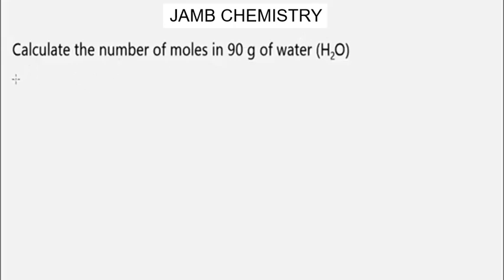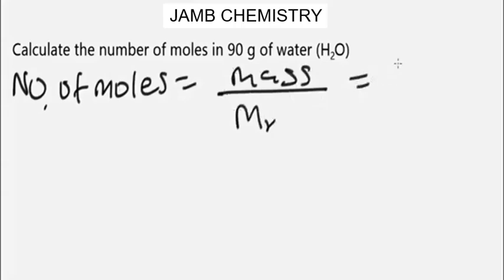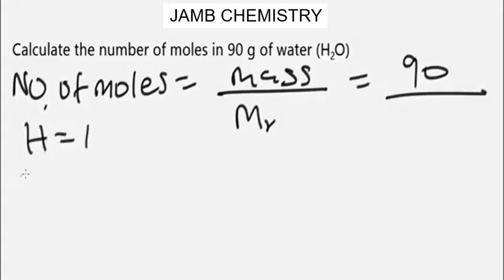So the formula is number of moles equals mass of the substance over relative formula mass of the substance, or molar mass. The mass is 90 over the relative formula mass of water. Let's say we are given the relative atomic mass of hydrogen to be 1 and that of oxygen to be 16. We add all the relative atomic masses of the atoms of this compound water.